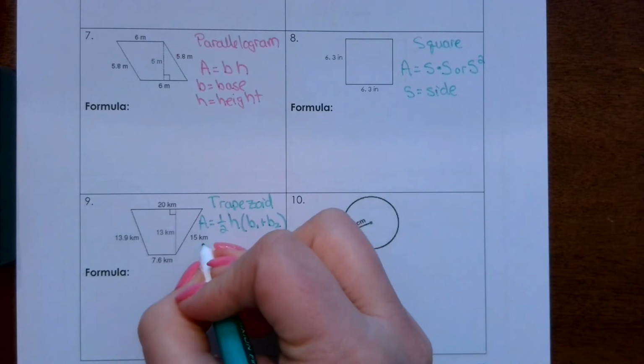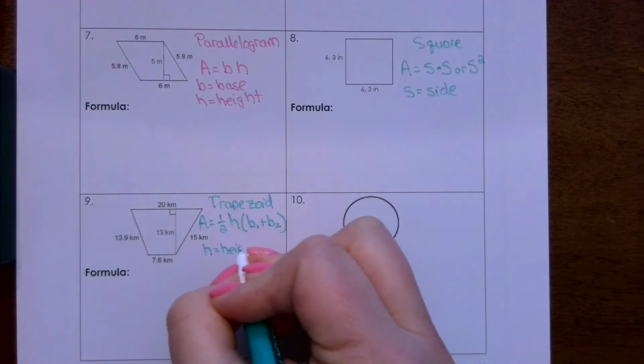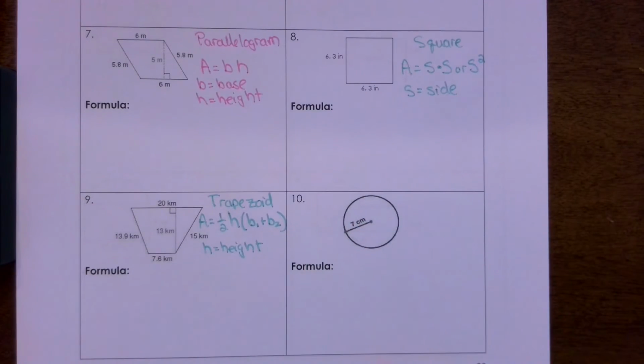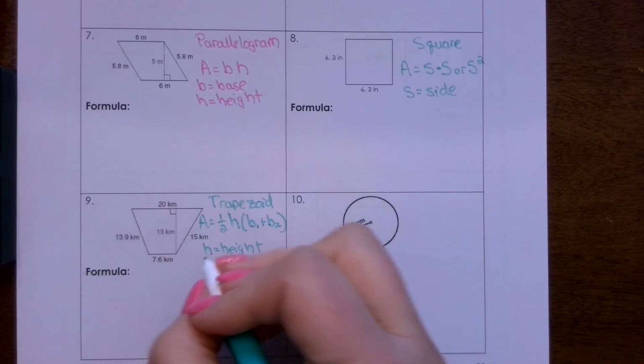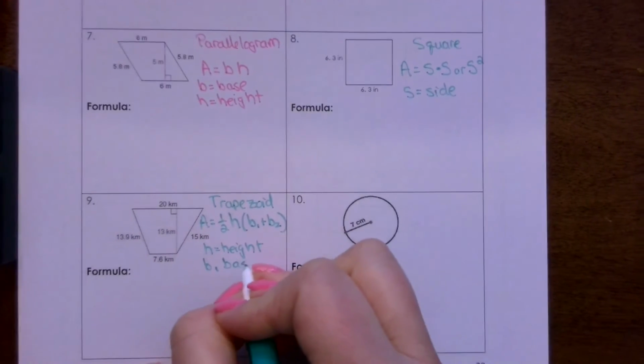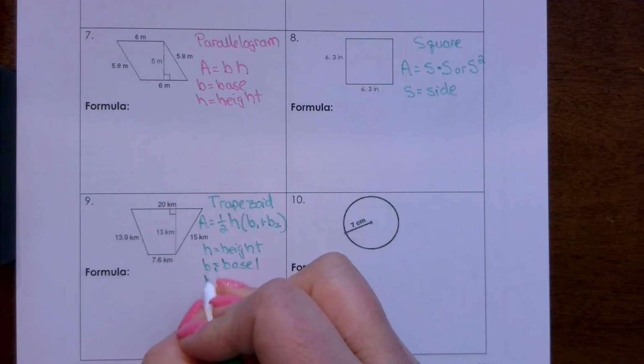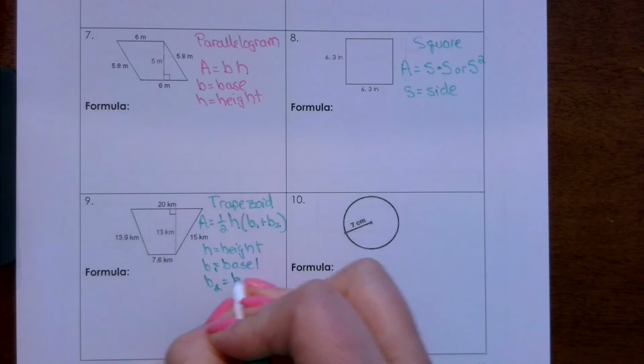So H still equals height, just like it has in every other formula. But with a trapezoid, I have 2 bases. I have base 1 and I have base 2.